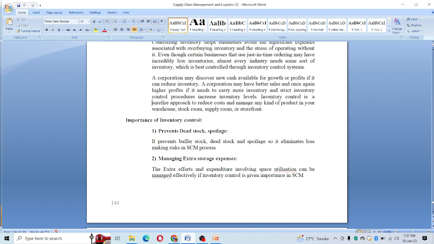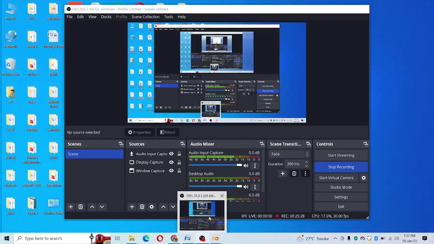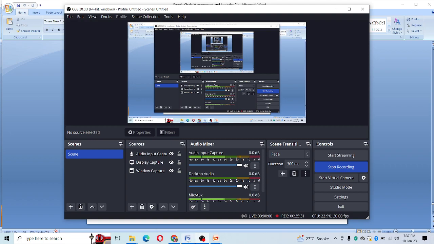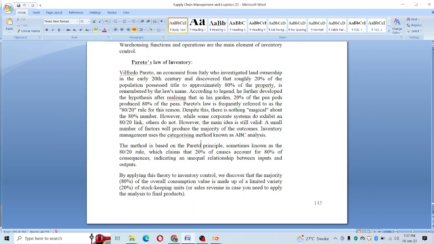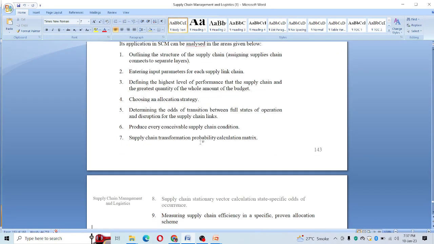Then comes inventory control and its importance, and lastly we will also study Pareto's law of inventory. So we have four subtopics under this chapter, which revolves around operating systems in SCM, inventory control, and also contemporary topics like the Markov chain and Pareto's law.